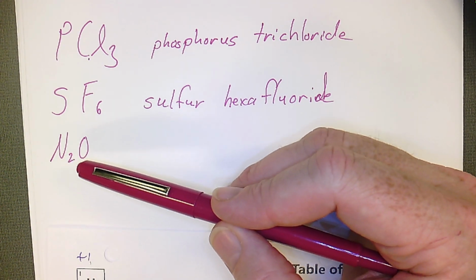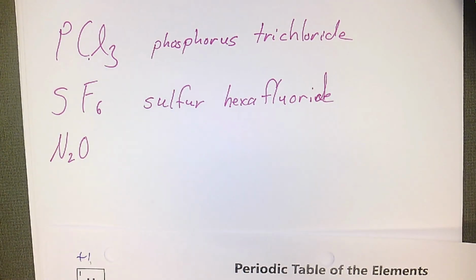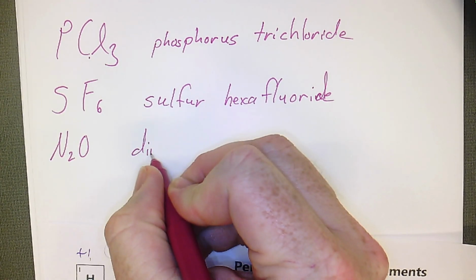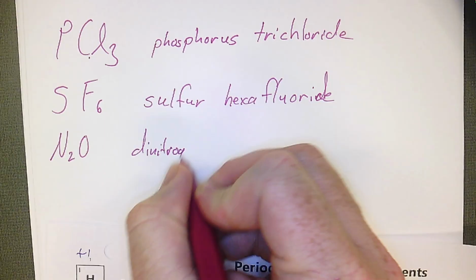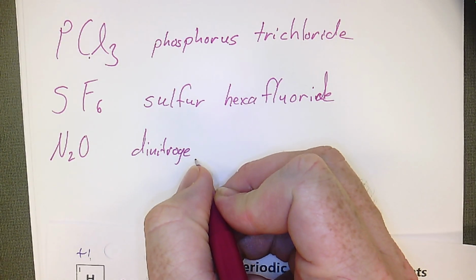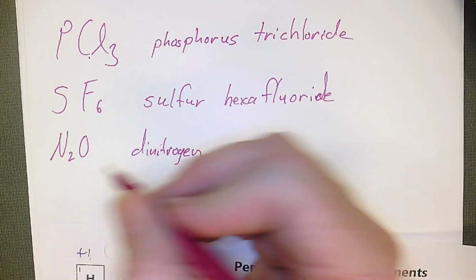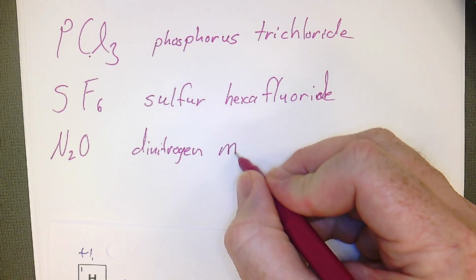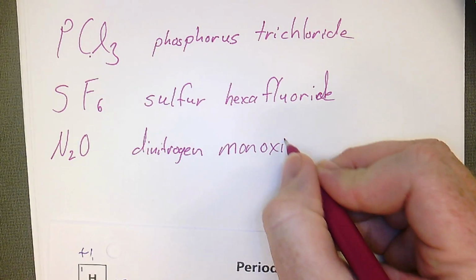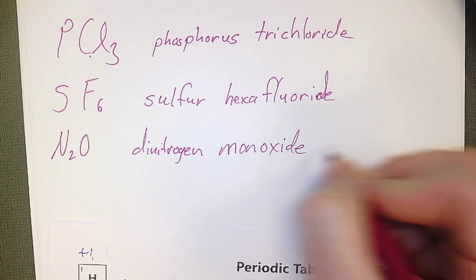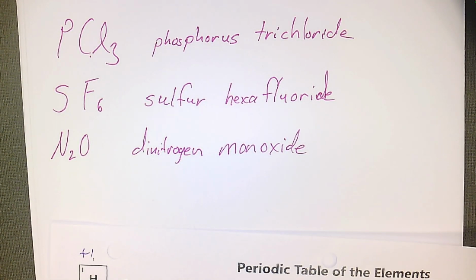What is the prefix for 2? Di. So we're going to go dinitrogen. And then what's the prefix for 1? So it'll be monoxide. Not mono-oxide, just one O there. Monoxide. Is that too bad?